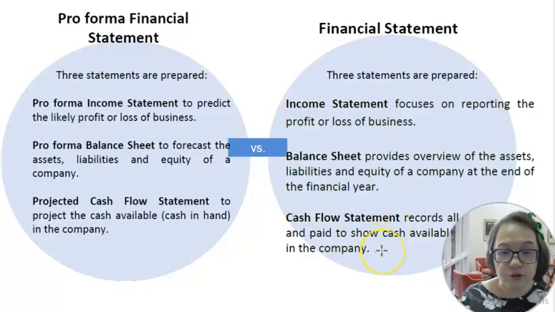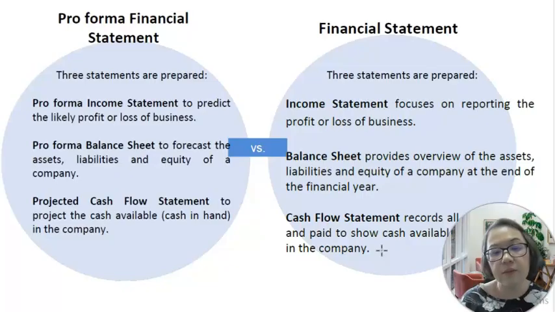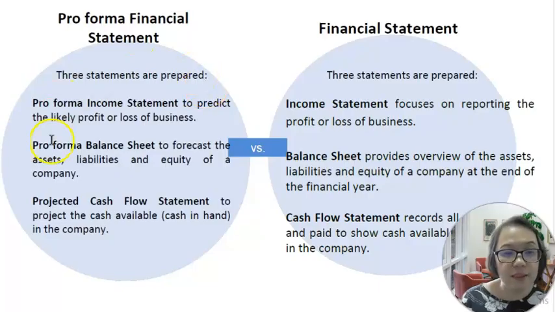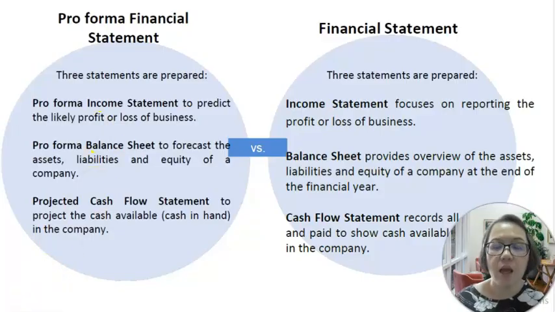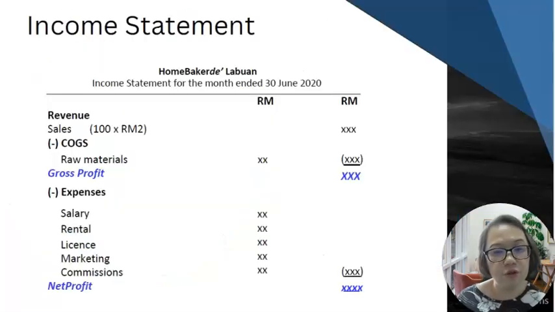And last, the cash flow statement, which will show how much money is received during a certain period of time, as well as how much money is being spent during a certain period of time. So pro forma financial statements also prepare these statements, but the pro forma financial statements are based on budgeted figures only. And we have the format here you can refer to.